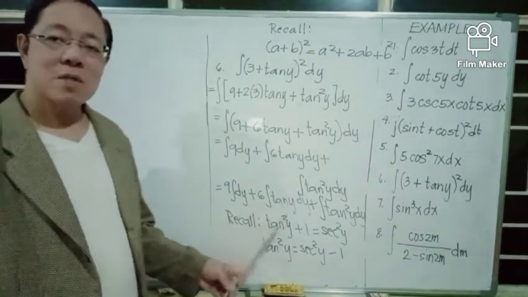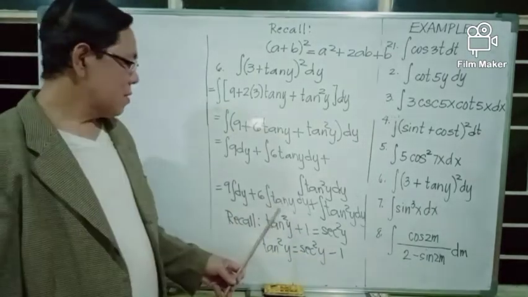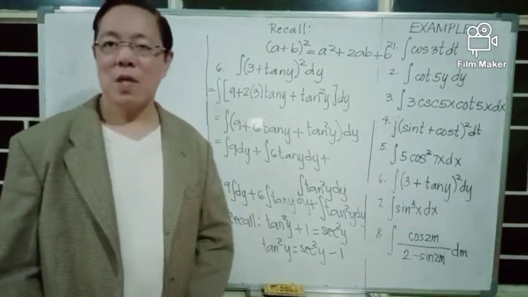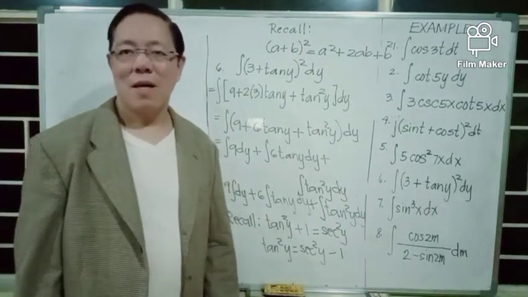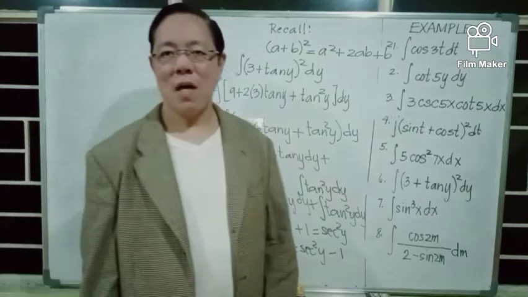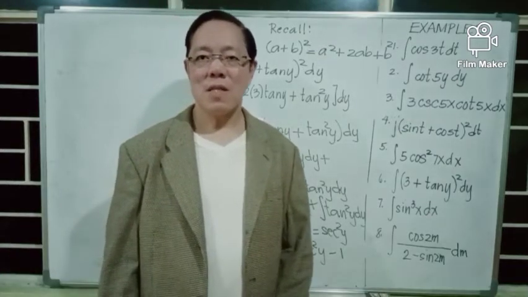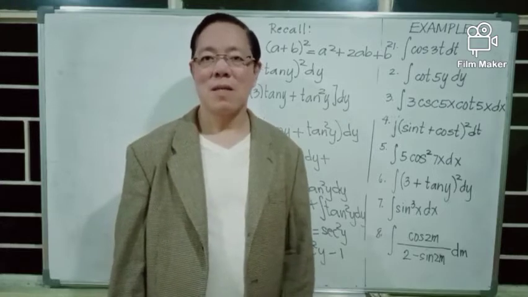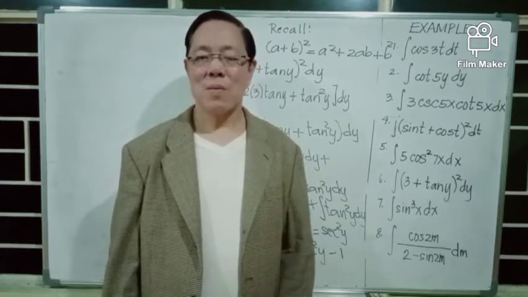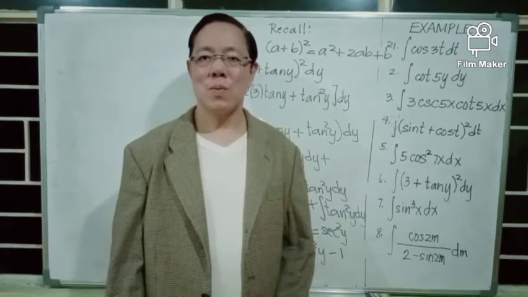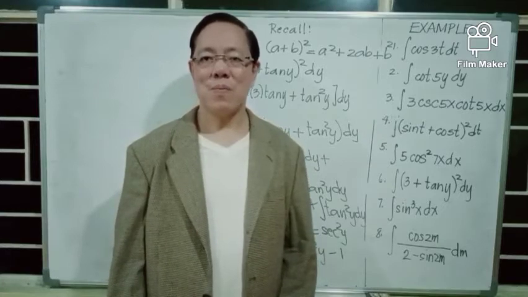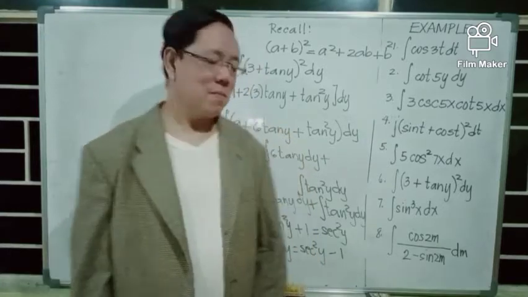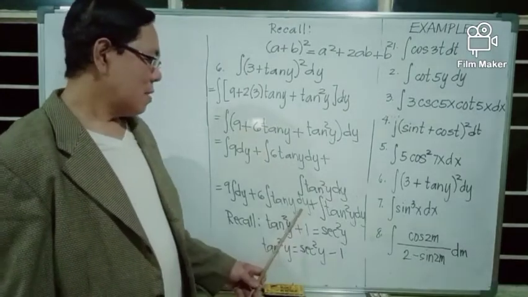The first two terms are readily integrable. We have the integration rule for the integral of tangent, and the integral of tangent is either negative ln of cosine, or equal to ln of secant y.